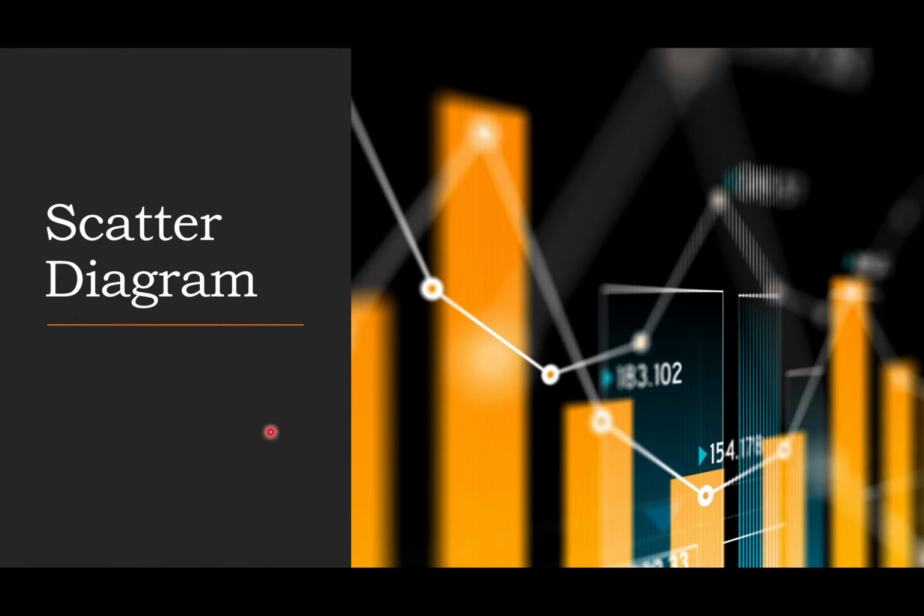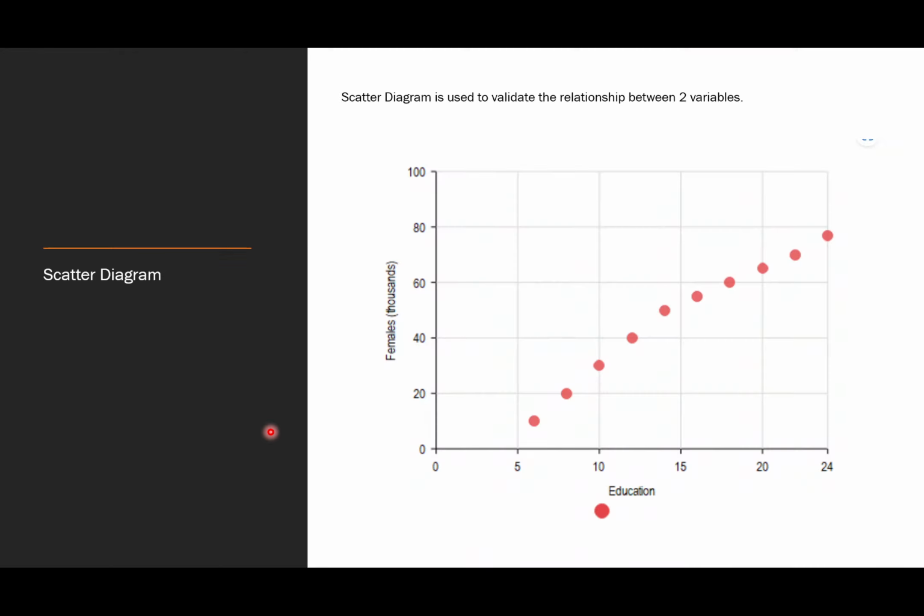Moving to the next tool, that is called scatter diagram. Scatter diagram is one tool which is not used very frequently by everyone, but anyone involved in data mining at a higher level usually uses this tool to see the relationship between two variables. When I say two variables, maybe two regions.